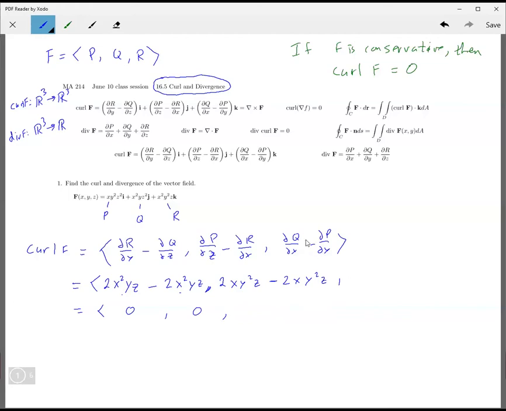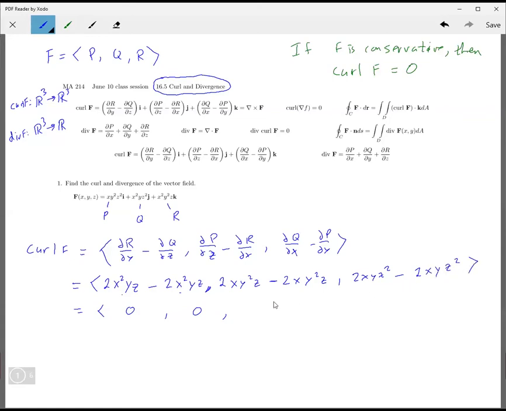And then this last one, dQ/dx: 2xyz squared minus dP/dy: 2xyz squared.